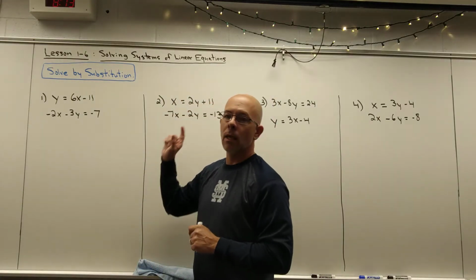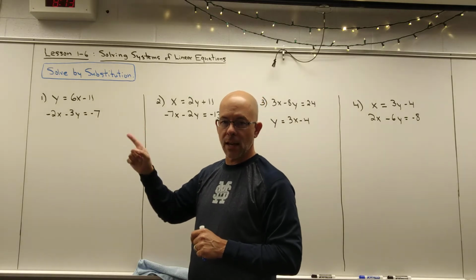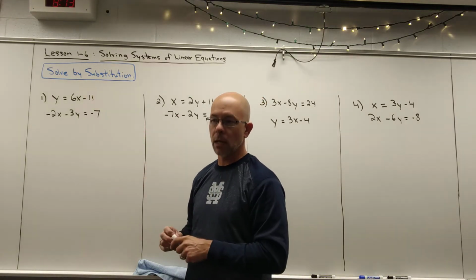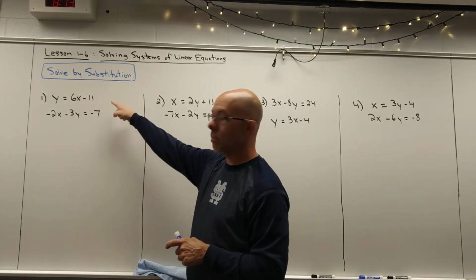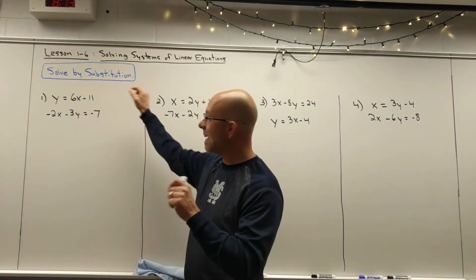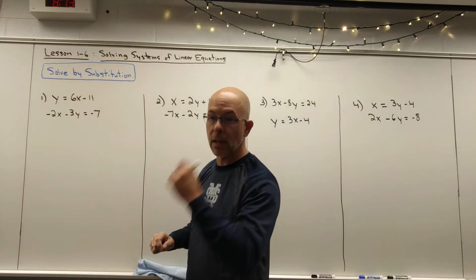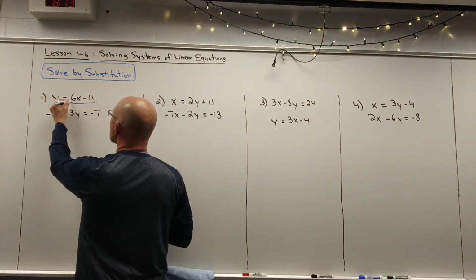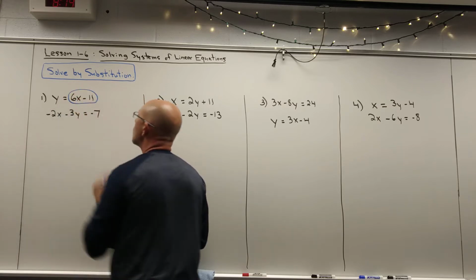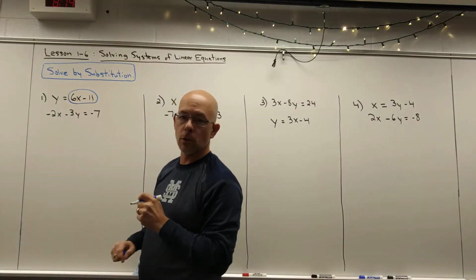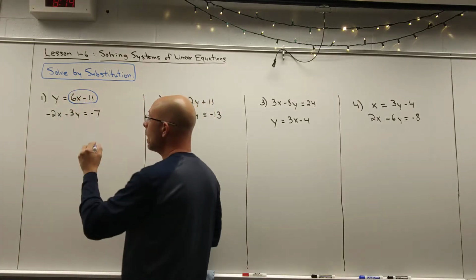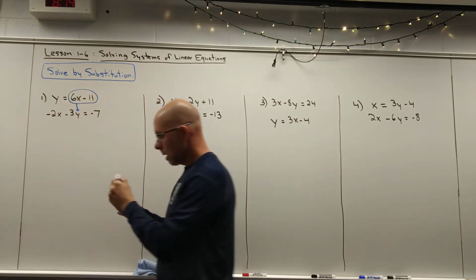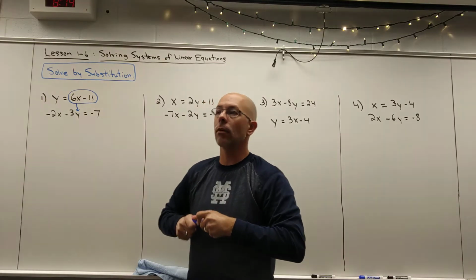Here we go. The equation that says y equals or x equals is the key substituting equation. So notice that the first equation says y equals 6x minus 11. Here's the deal. y is equal to what I just circled. We are going to substitute that in place of y in the other equation.